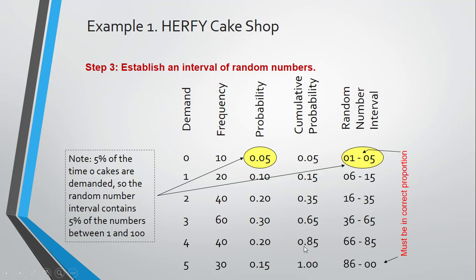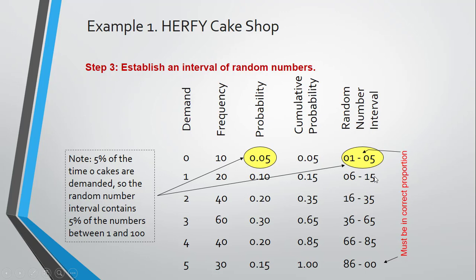Then you set a random number interval. In this case, the first is 5%, and you want to use an interval between 1 and 100. So for this 5%, it's 1 to 5, the first interval. Then 6 to 15 is the second interval.